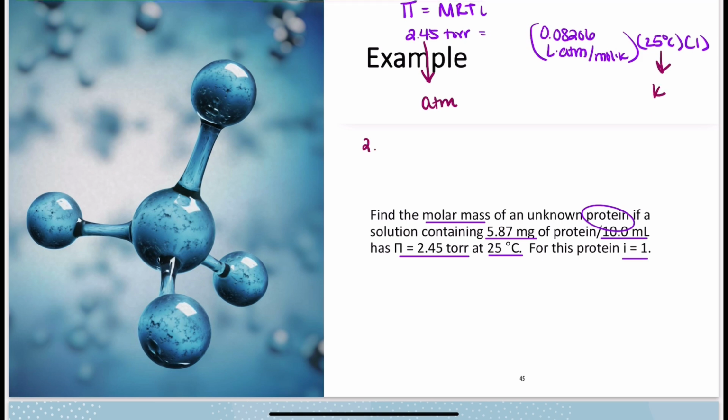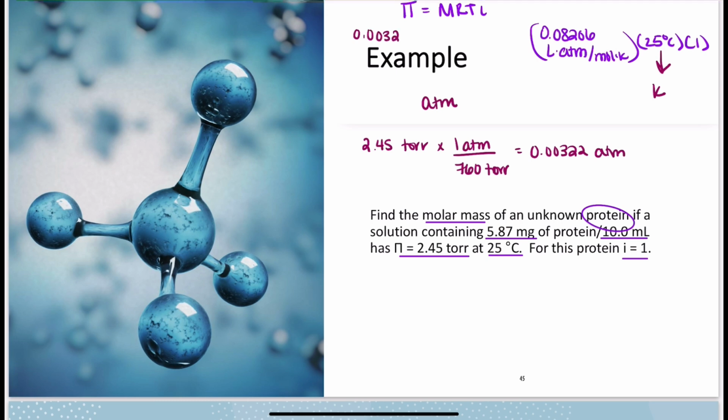Remember to put it into atmospheres, 2.45 torr, 1 atmosphere is 760 torr, which is 0.00322 atmospheres. So I've got 0.00322 atmospheres.